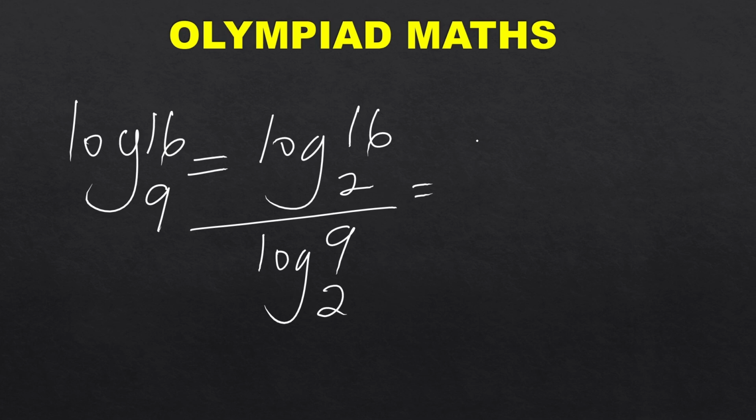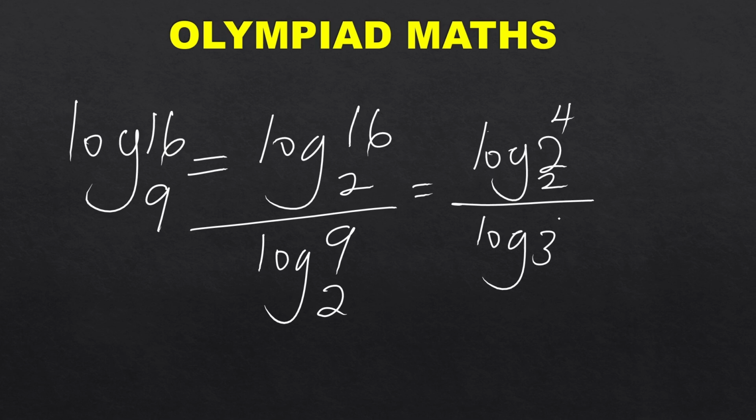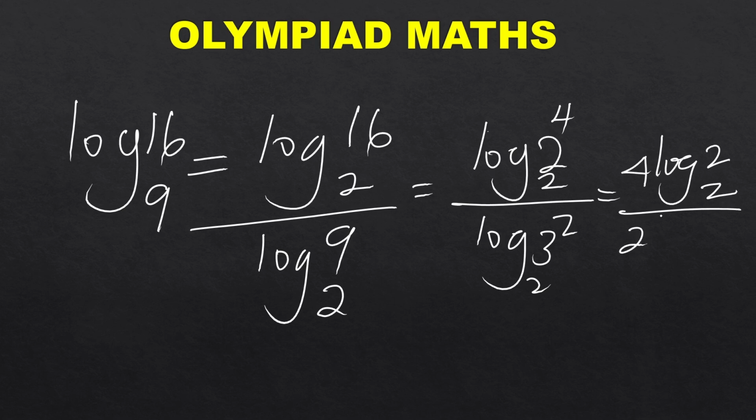This is going to be log 4 base 2 times 2, over 2 log 3 base 2. It is going to be the same as before.